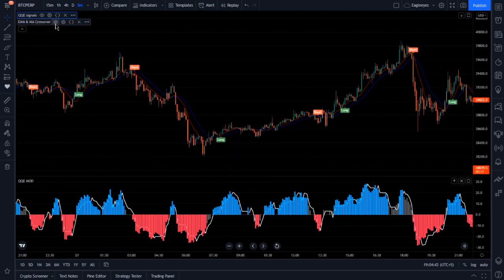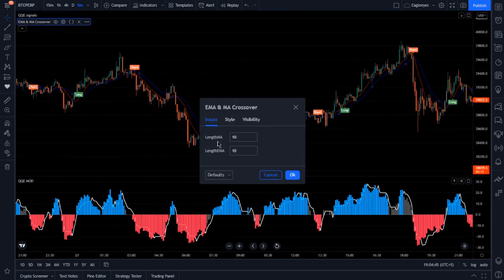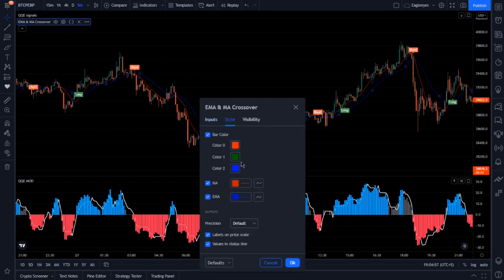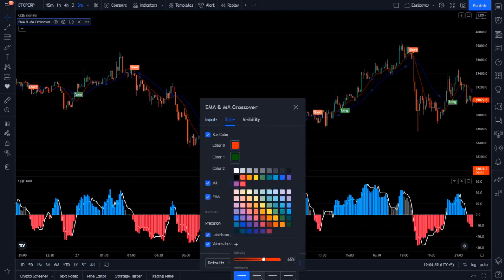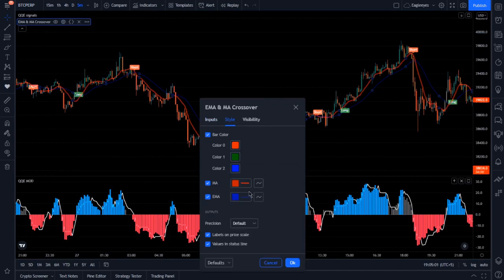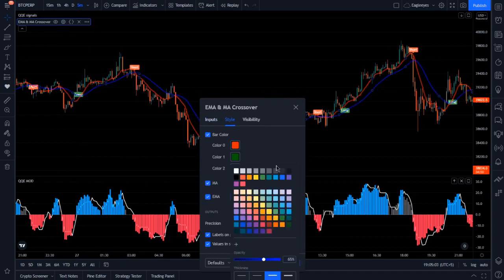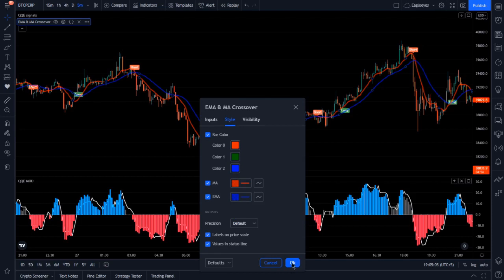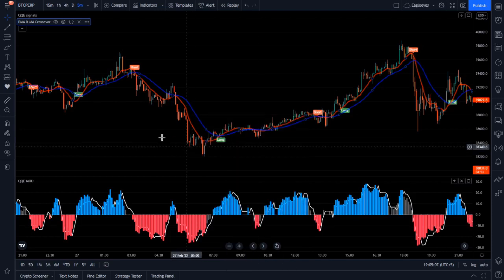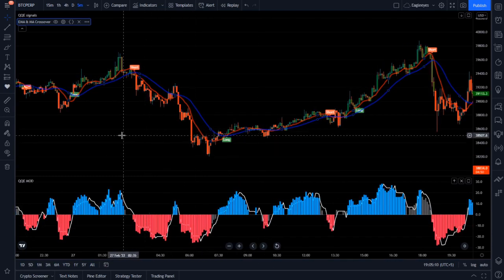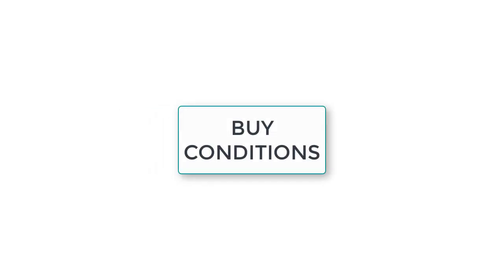After this you will go to the EMA setting, and you will change the length of EMA to 15. You can also change the style, it's optional, but I do it because it makes the setup more visible. So now our setup is almost ready.